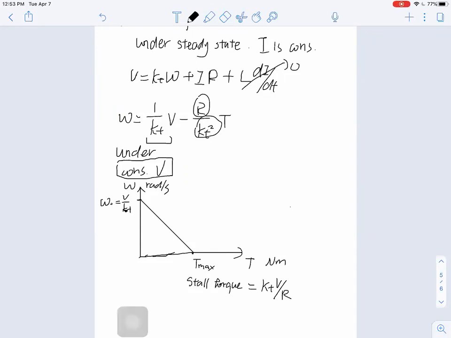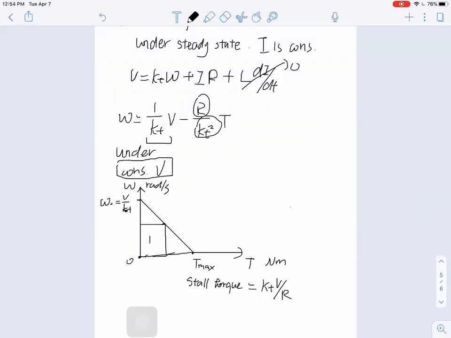Basically this is what a speed torque curve looks like under a given voltage. Under a different voltage, you're going to see the curve look like this. With a smaller voltage, the line gets closer to the origin point. Let's call this 0. And usually in the speed torque curve, we define regions.